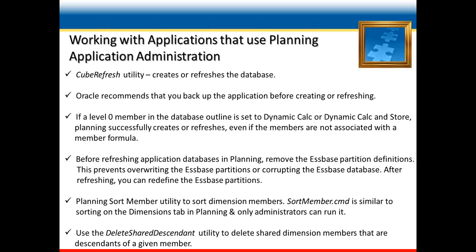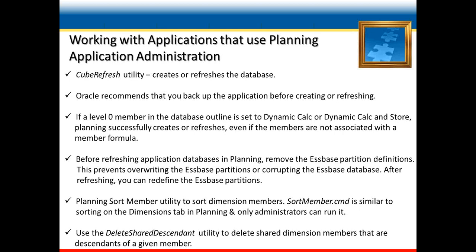So we'll look into some utilities used for planning application administration. Oracle Hyperion Planning comes with certain utilities which are used by administrators for various purposes. The first one is the cube refresh utility, which is used for creating or refreshing the database.